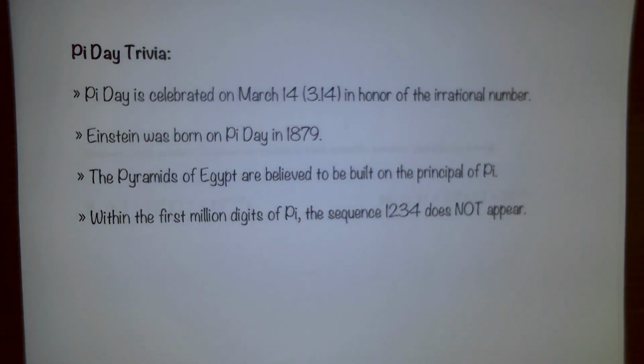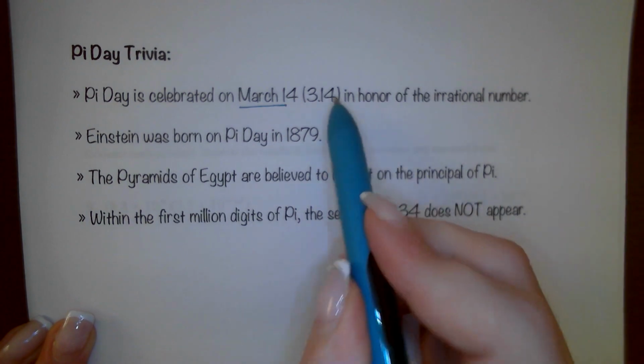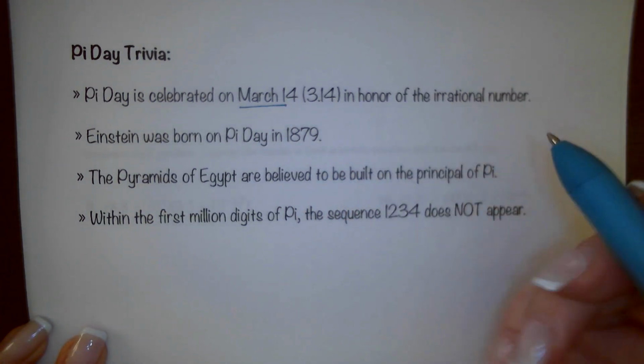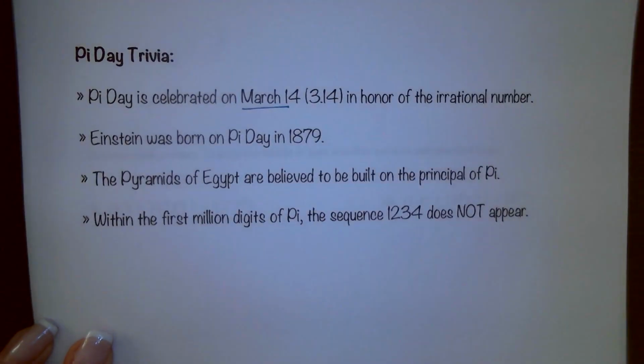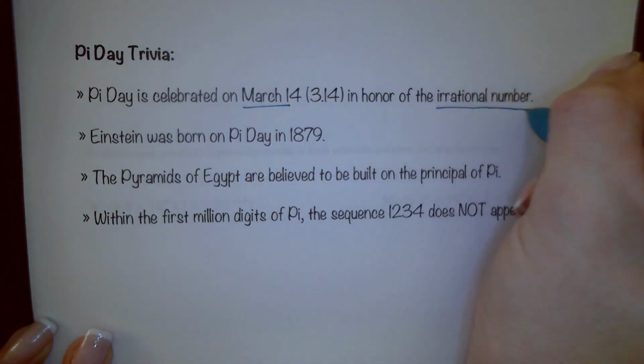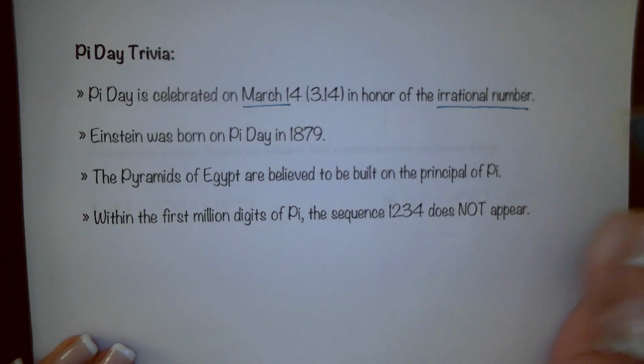So a couple Pi facts to know. First, Pi Day is celebrated on March 14th, which represents the 3.14 we use to represent this irrational number. Now, I want to point out it's irrational because it never ends. That's why 3.14 is an approximation.